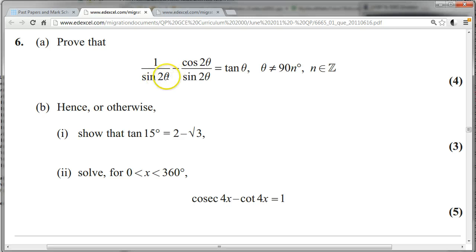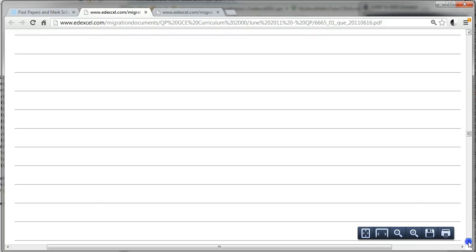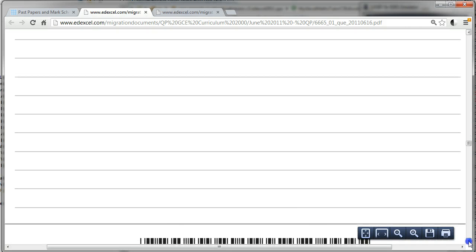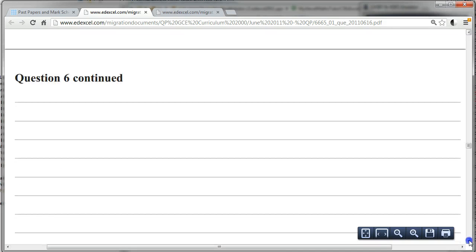So if I change this, put theta as 2x in, I'll get the 4x. And this will be tan 2x. So this will be just tan 2x equals 1. Solve it for x between 0 and 360. So that's nice. So I do that one and the one before, 5 and 6. All the others I'm not too happy about really at the moment, 2, 3, 4 as well.